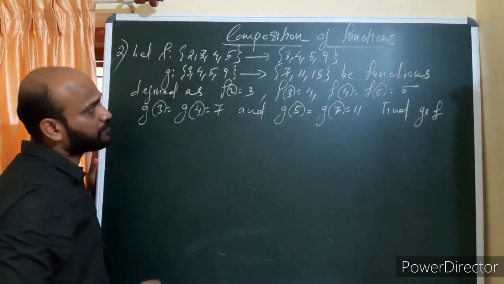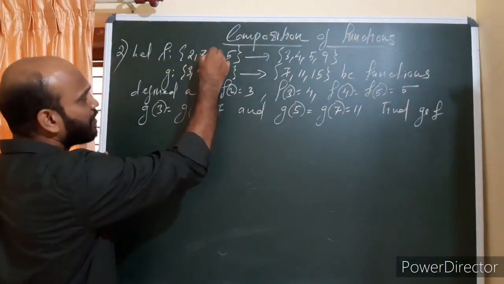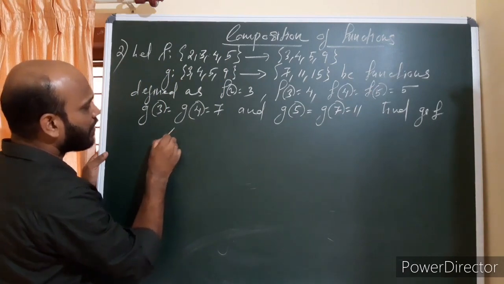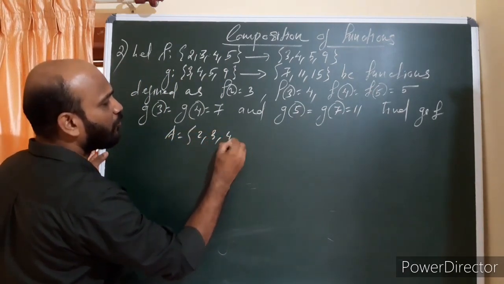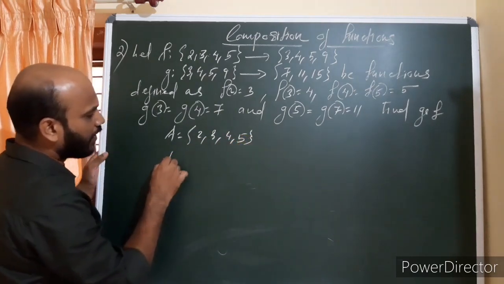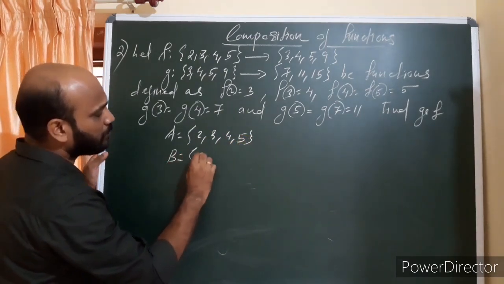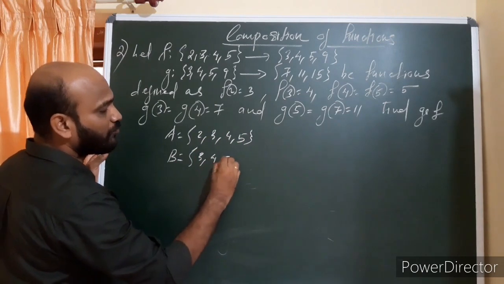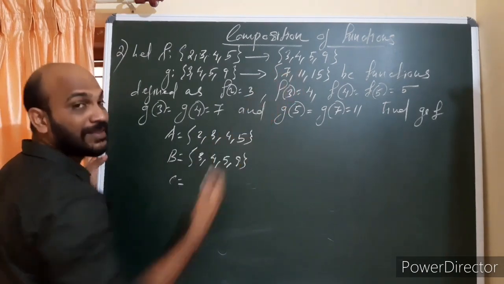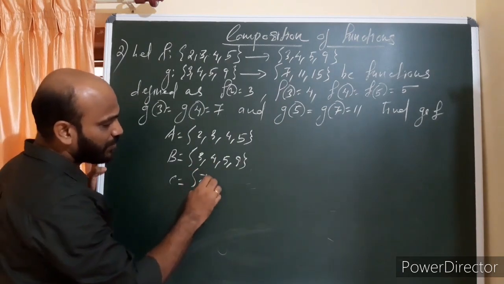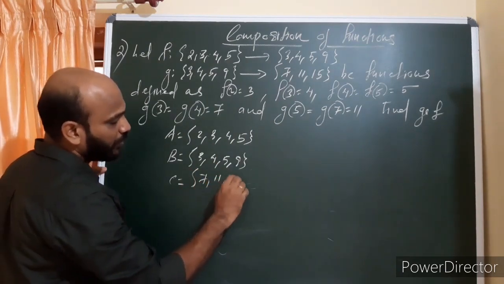Then g of 5 equal to g of 9 equal to 11. Find g of f. So first we can take the set as A. Suppose A equal to 2, 3, 4, 5 and B equal to 3, 4, 5, 9. And C equal to the third set, that is 7, 11, 15.